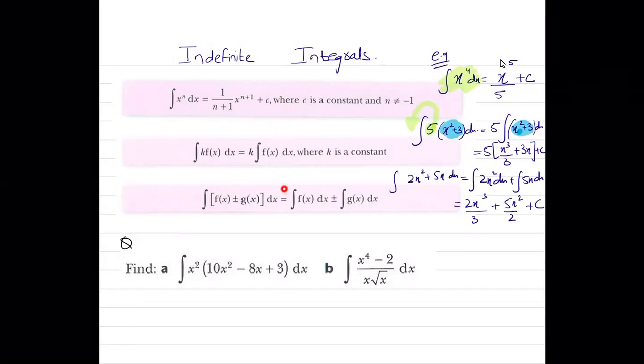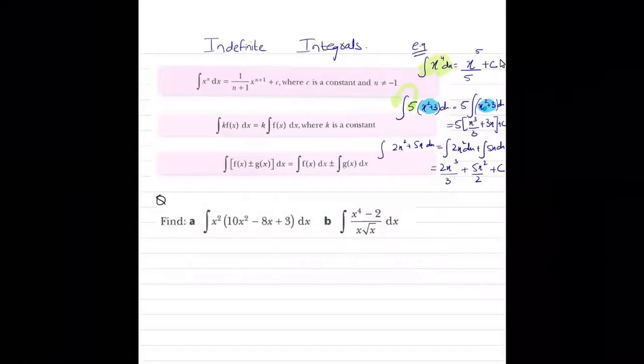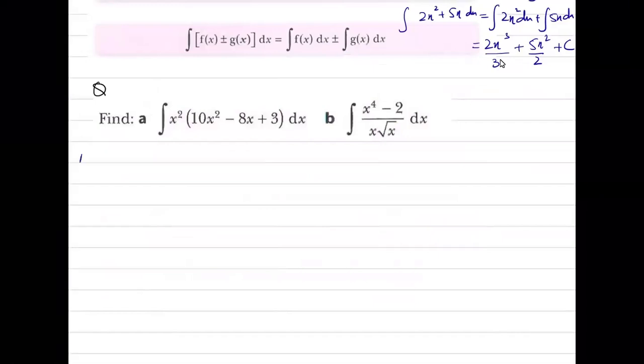Yes, sir. Okay, then let's try this example. In the first part, you are being asked to integrate the product of x squared times this function, 10x squared minus 8x plus 3. So to simplify your working, you're going to multiply x squared with all the individual terms.